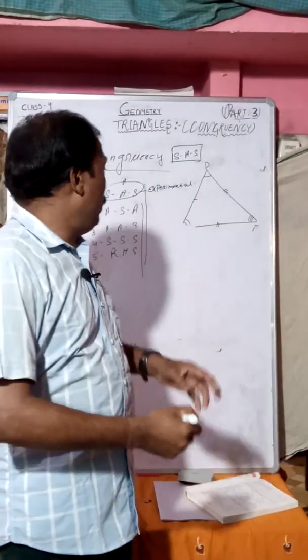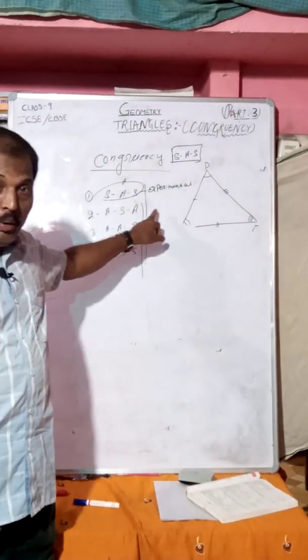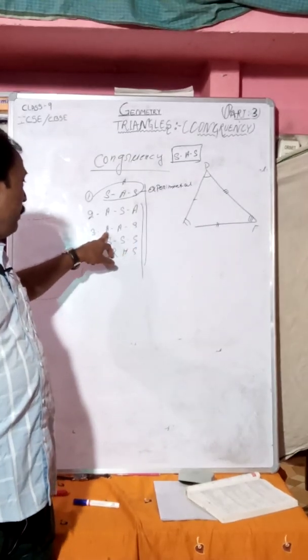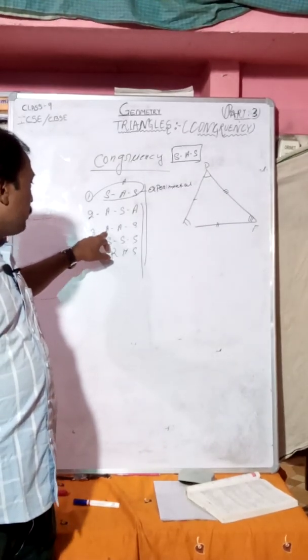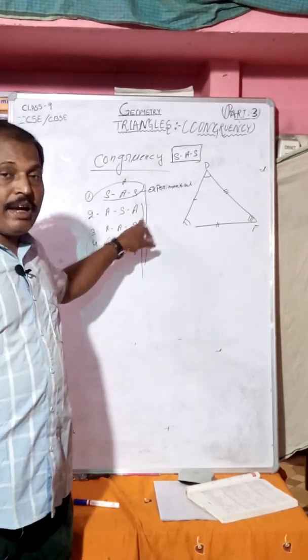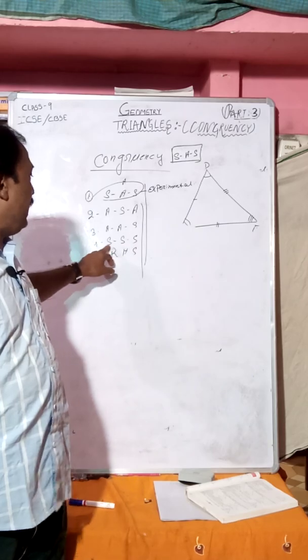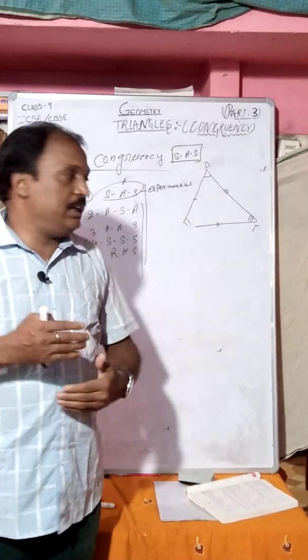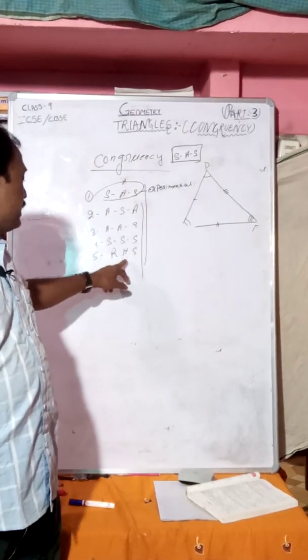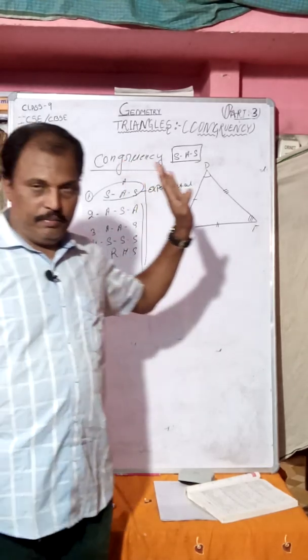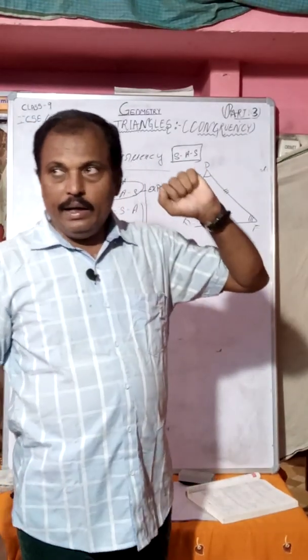ASA is two angles and the included side. AAS is two angles and a corresponding side. SSS is three sides, and RHS is right angle, hypotenuse and side in a right angle triangle.